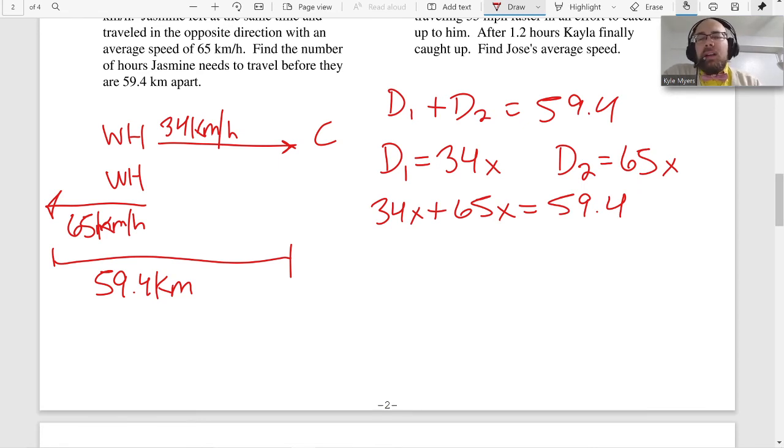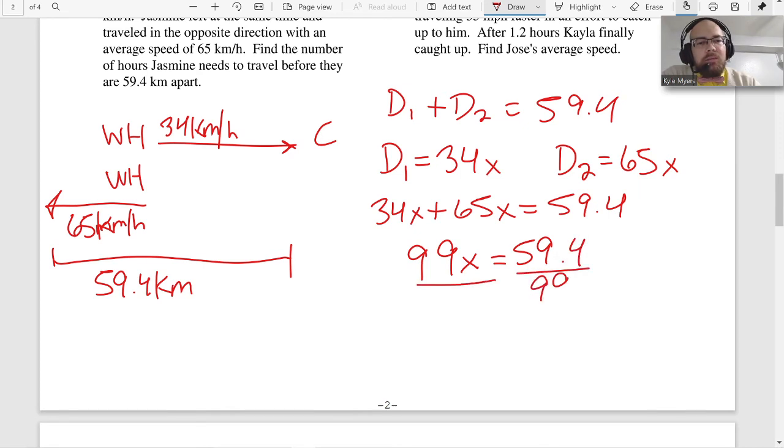And that's what we're doing here. Since they're traveling in opposite directions, we're adding them up to a total. All right, so 34 plus 65: 4 plus 5 is 9, 6 plus 3 is also 9, and this is equal to 59.4. And then you just divide both sides by 99. And I believe that goes in semi-evenly, considering it's like a decimal or whatever.